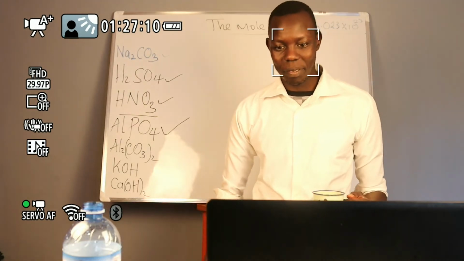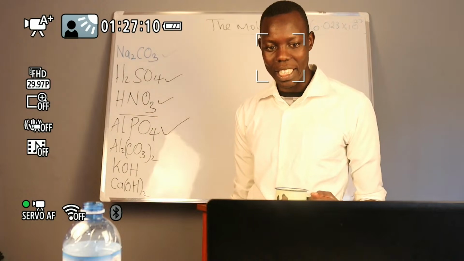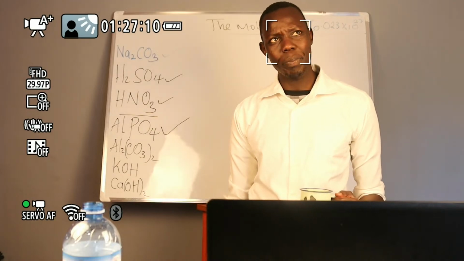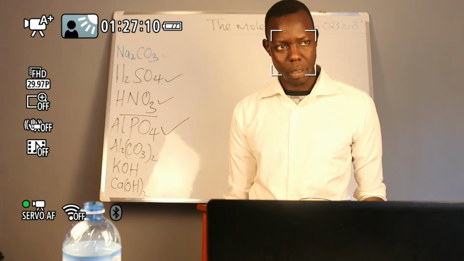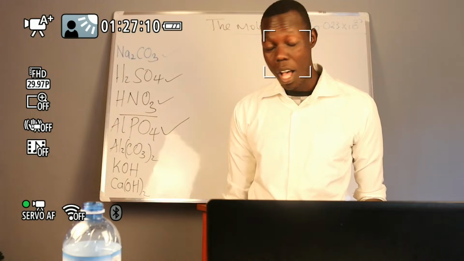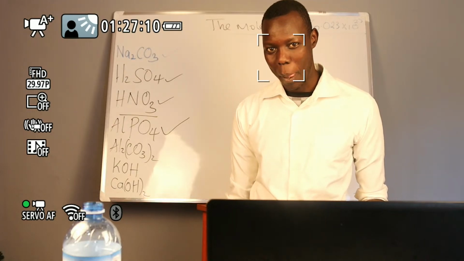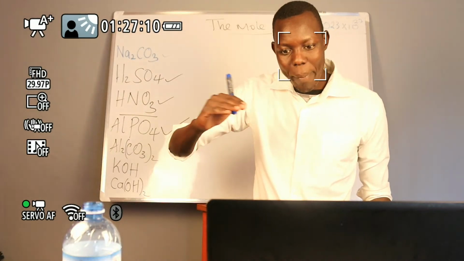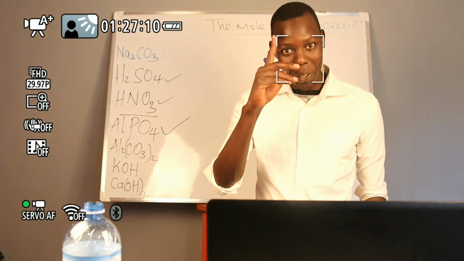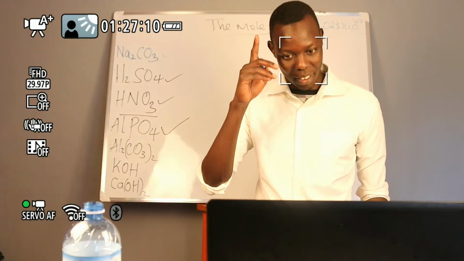You know sometimes when you go to form 1 you are told steam plus magnesium will give you magnesium oxide plus hydrogen gas. It applies that way in all the metals except for iron. Iron is a special case.